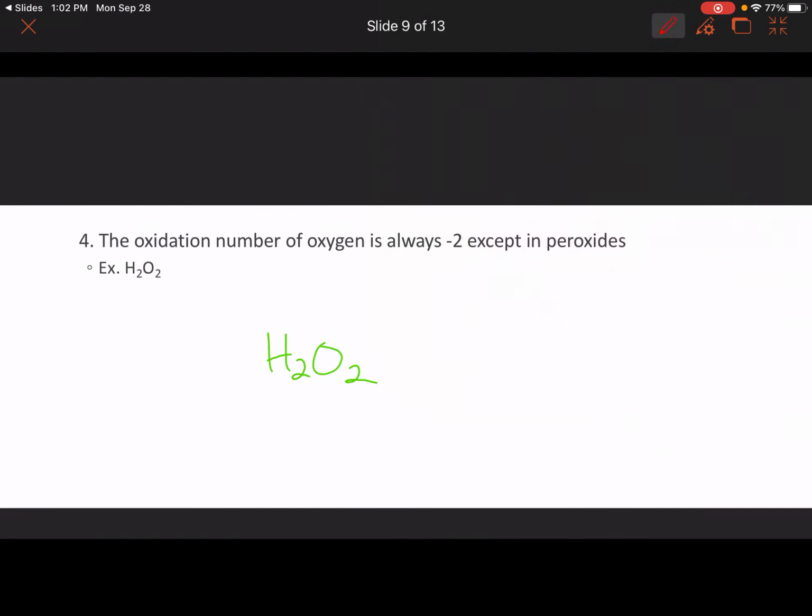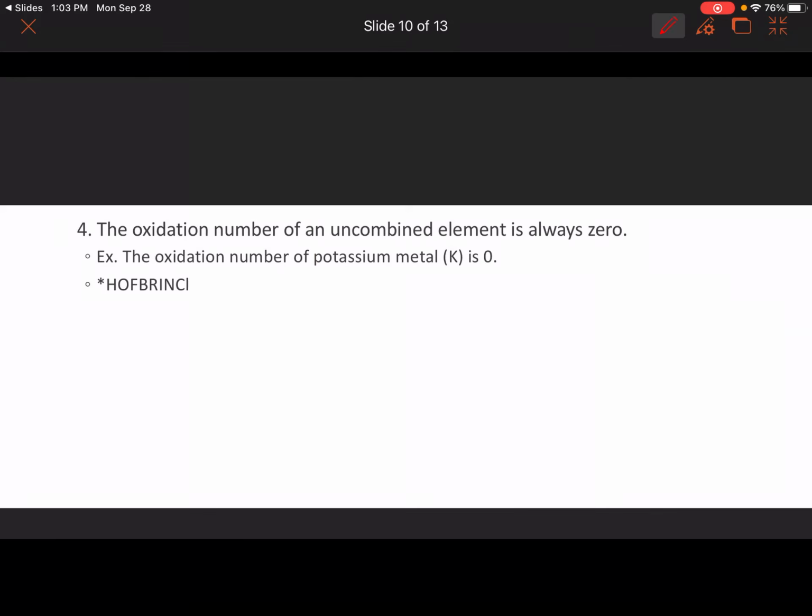Hydrogen is +1 and you've got 2 of them, so there's +2 coming from the hydrogen, which means the oxygens have to be -1. So instead of -2, it's going to be -1 in peroxides. I think that is also true for K2O2: the oxygen would be -1 instead of -2.